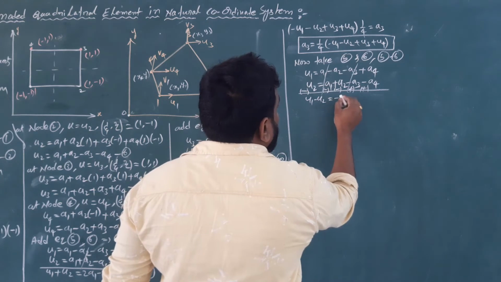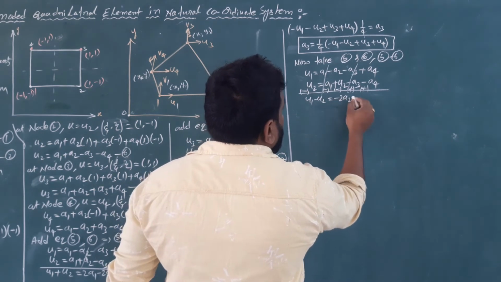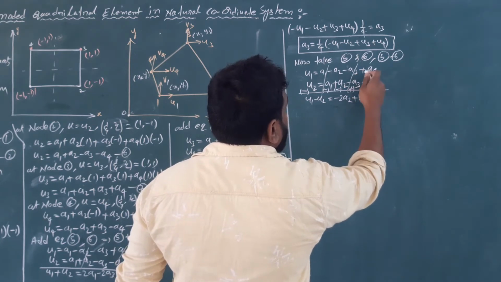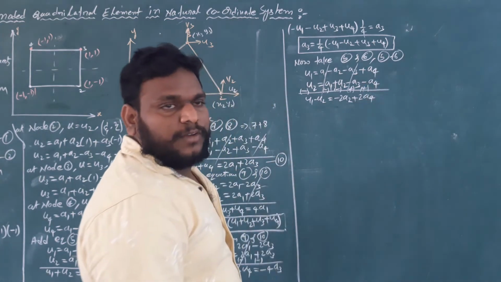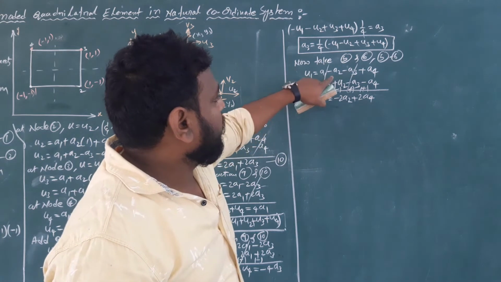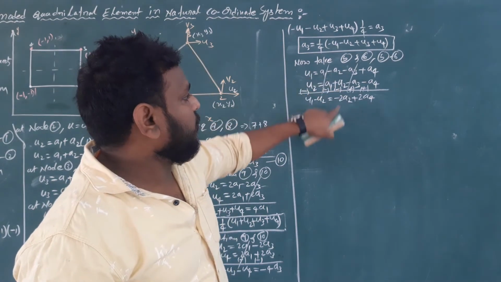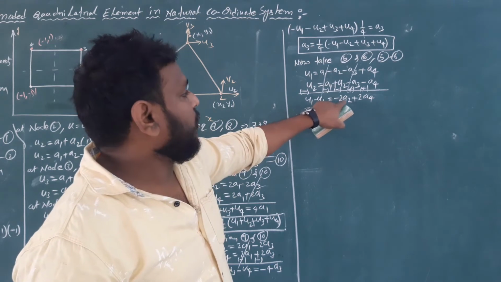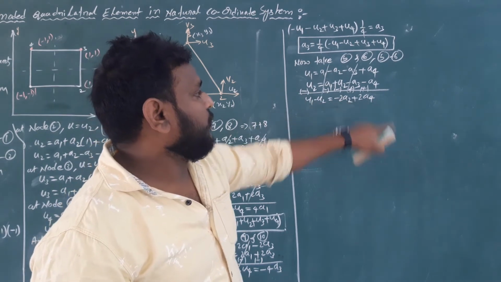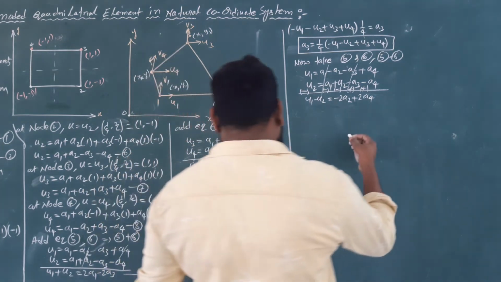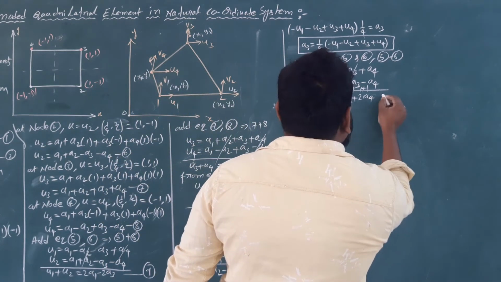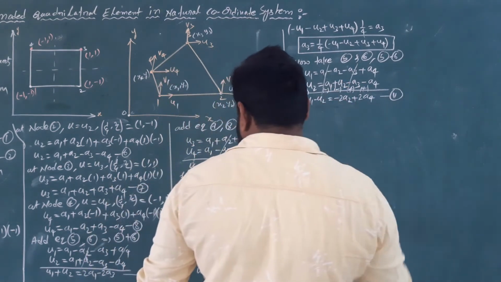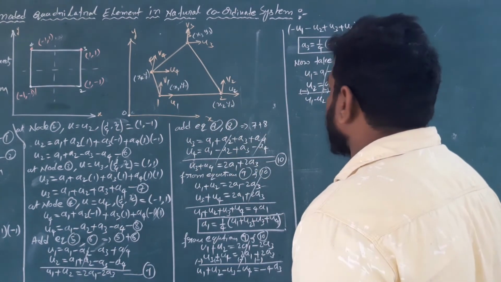So remaining is a4 plus a4, that is 2a4, and here minus a2 minus a2, that is minus 2a2. That is, u1 minus u2 is equal to minus 2a2 plus 2a4. This is equation number 11. Okay, now take the 7 and 8 equations.